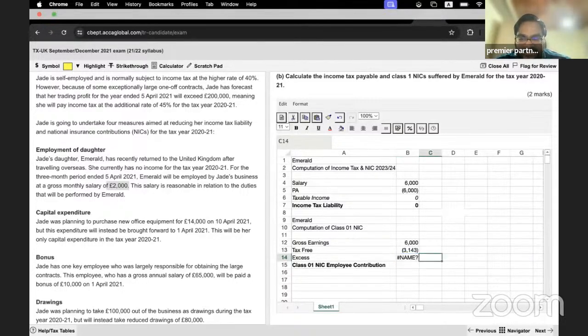Then I take the gap. For that, I use the sum formula, equal sum tab, select the range, press enter. So we have an excess of 2,858. What is the NIC rate that we need to use?